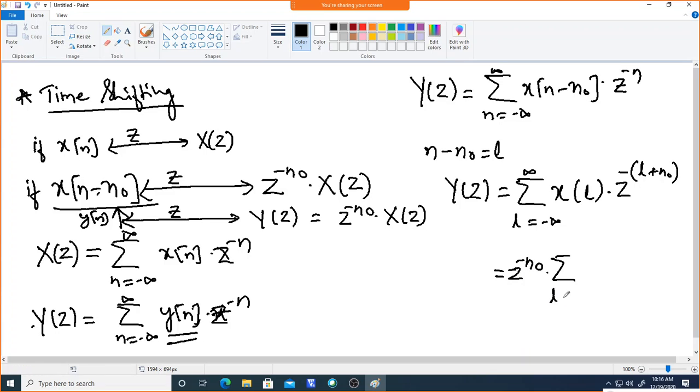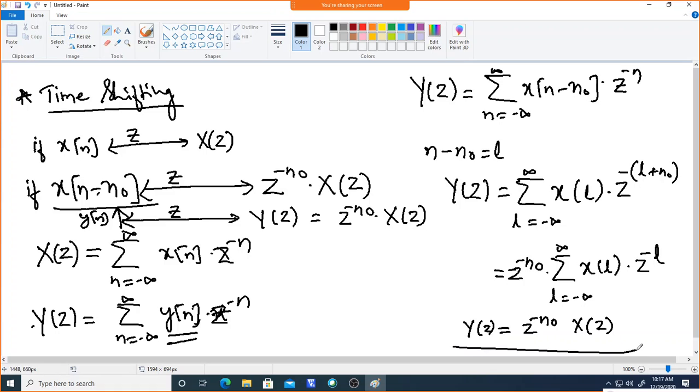Then you get the summation of x of L into z power minus L. Now L is a dummy variable, you can replace L by n, so that represents the same x of z. So we can write this as z power minus n naught into x of z. So this is the proof that whenever you shift the signal in time domain by n naught, the corresponding z transform is given by the scaling factor z power minus n naught into x of z. This is the time shifting property.